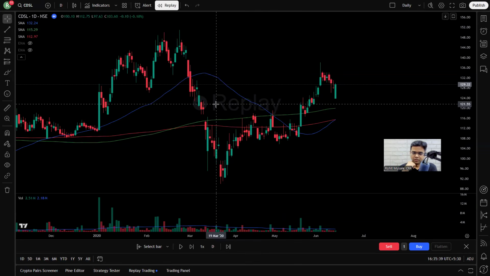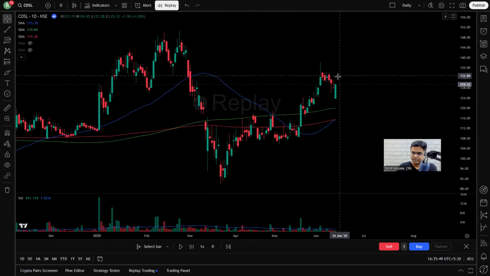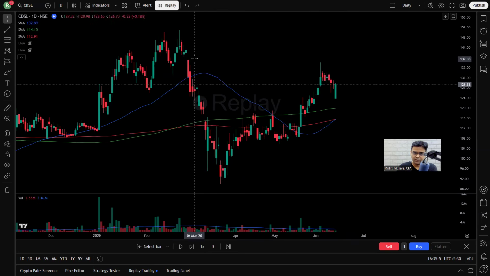Falling window becomes resistance. So unless that window breaks, unless the low of this candle breaks, which is 139.50, unless a daily bar closes above that 139.50 level, there is no point taking this trade, because we know that a falling window is a very dangerous sign. Correct? So we have to wait for that.